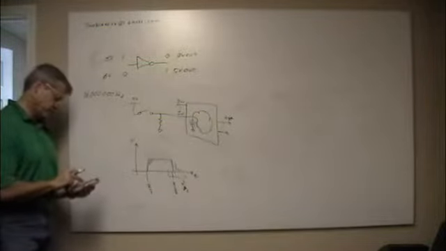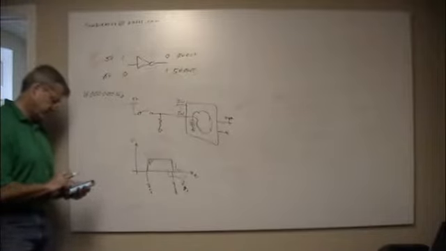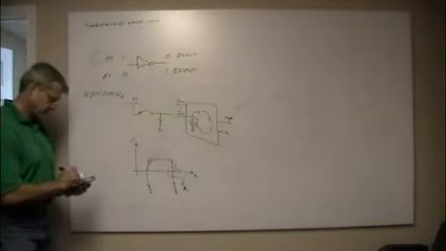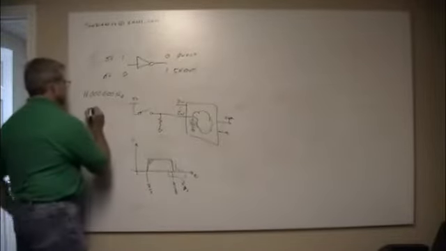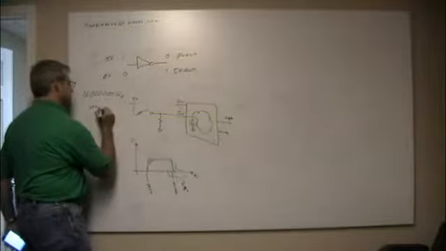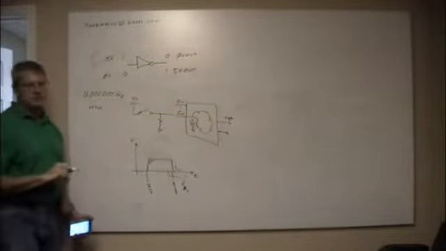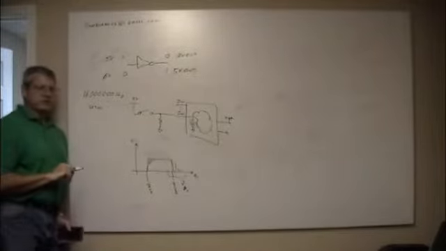Let me do some quick math here: 1 over 16 million is about 62.5 nanoseconds per instruction tick. I'm doing 16 million instructions a second.